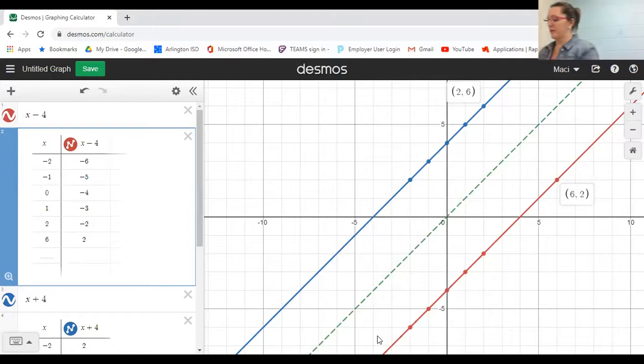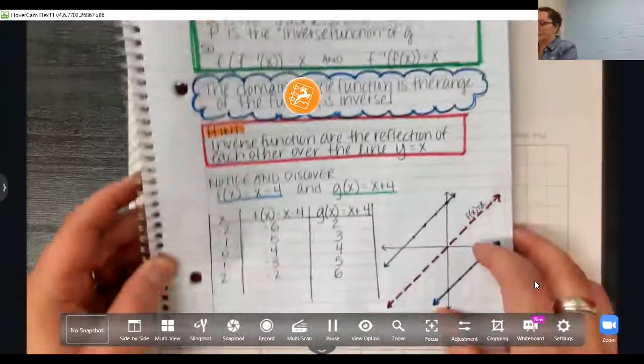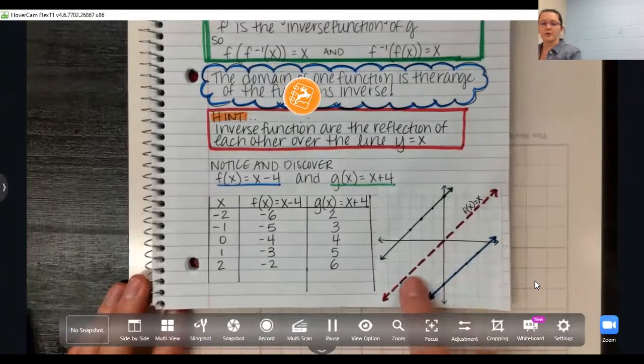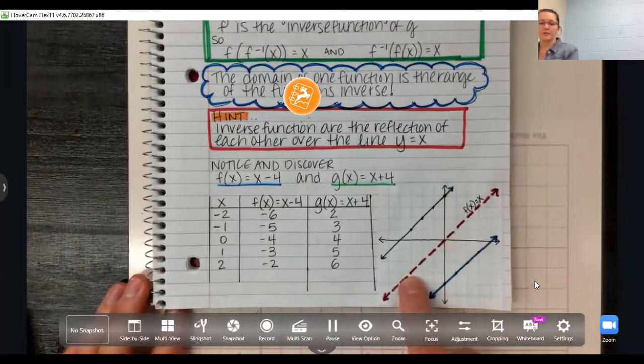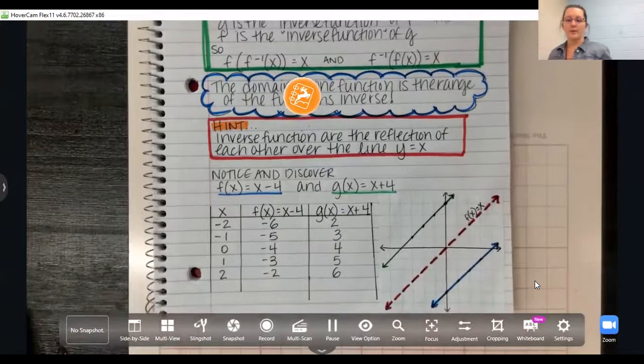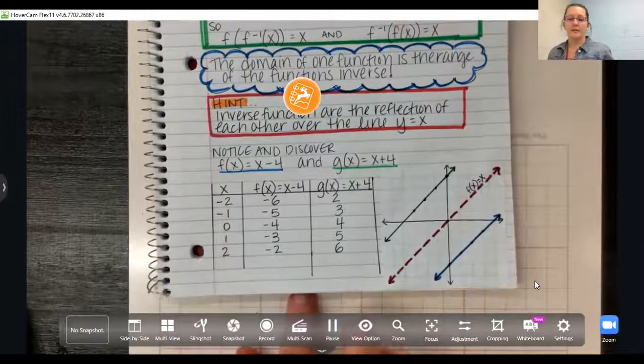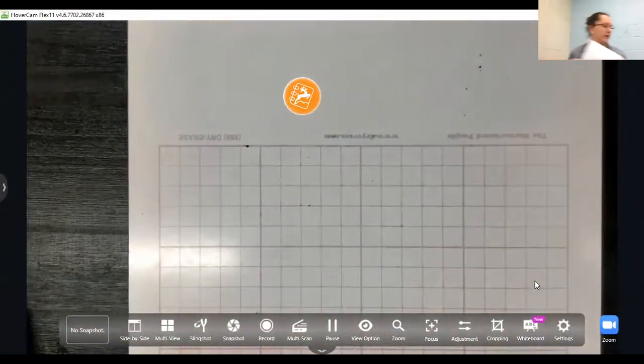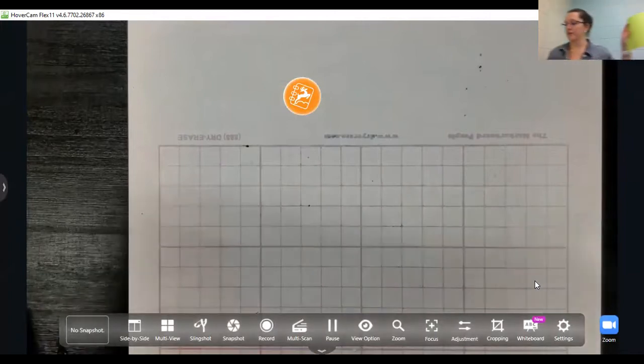In your journal, what I did is I cut out a little graph here to show that reflection line, f of x equals x, or that y equals x line, and then I did those two lines there. So let's look at how we can verify whether functions are inverses of one another.